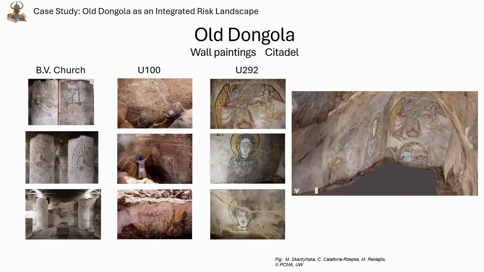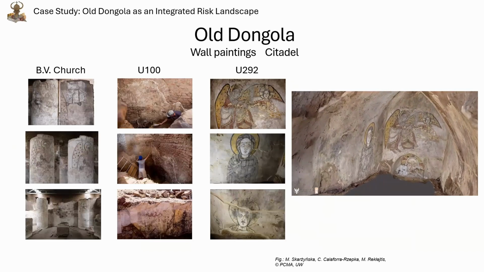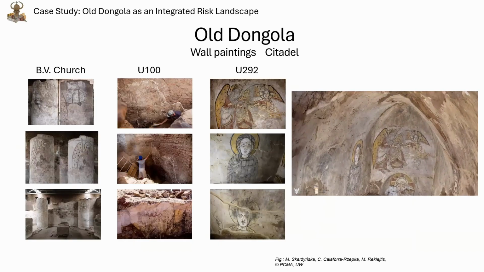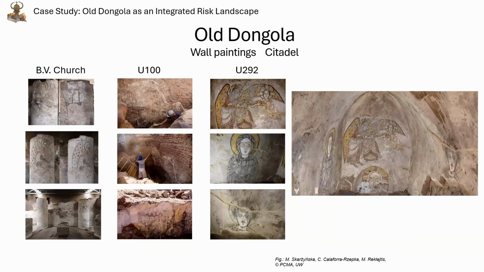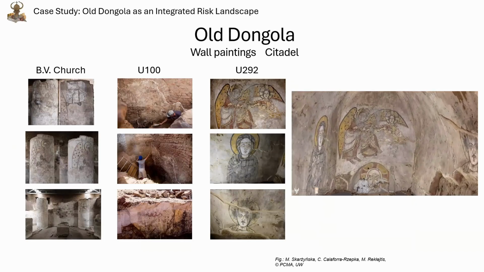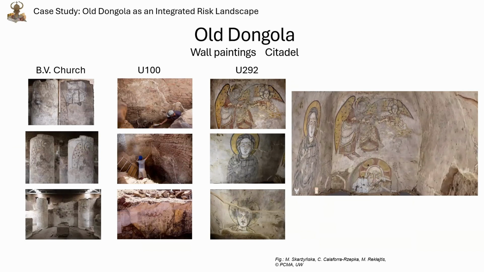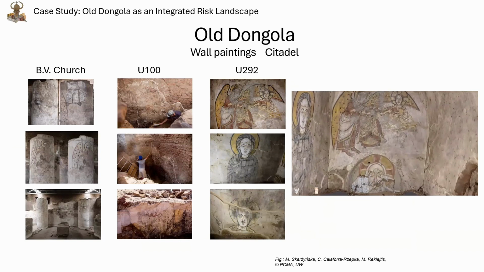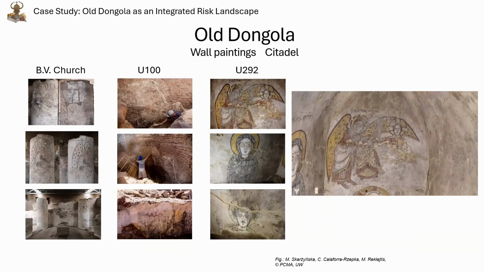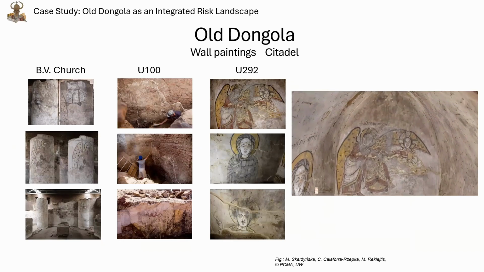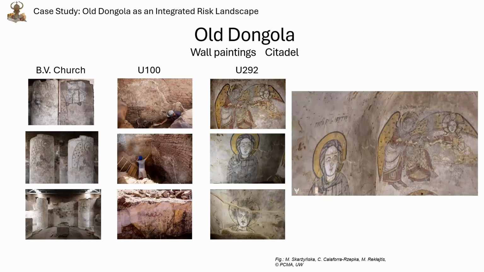And also different techniques. Here are examples of wall paintings from the citadel, where we have a B5 church with a lime plaster, and most of the buildings are made with earthen mud plaster.